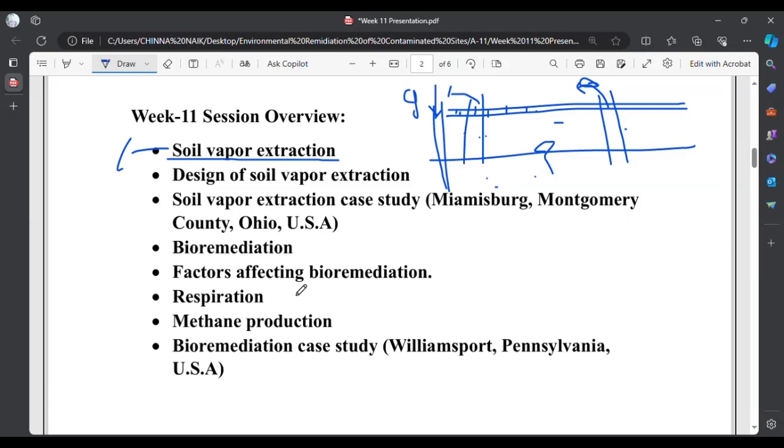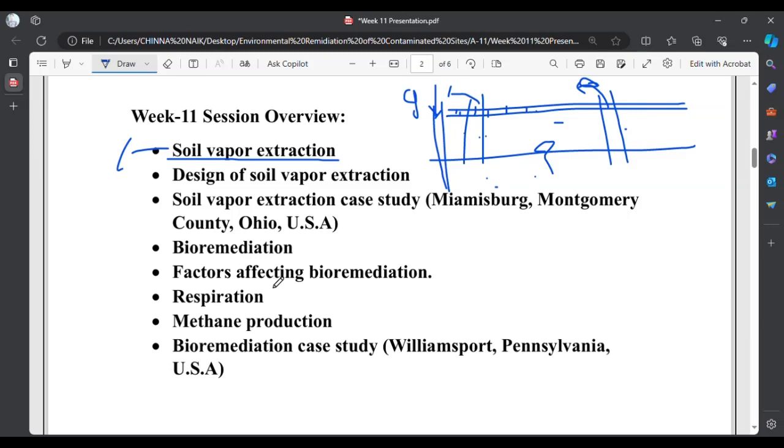Similarly, we are coming with a new phase, the gaseous phase, and we are adding just an extra term, the gaseous term, to the previous formulas. We consider finding the total mass of contaminant to be removed with the presence of NAPL. If there is no NAPL, what will be the formula? If NAPL is present, what will be the formula? Both formulas are derived by the course instructor, so I'm not going to discuss it.